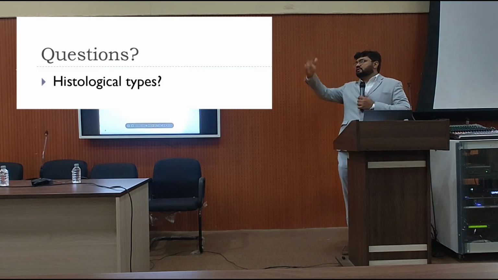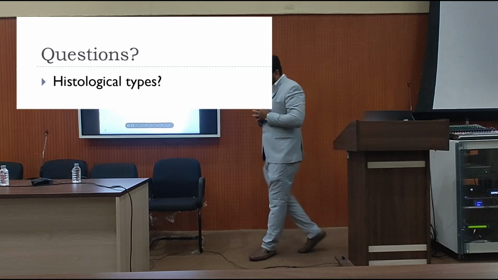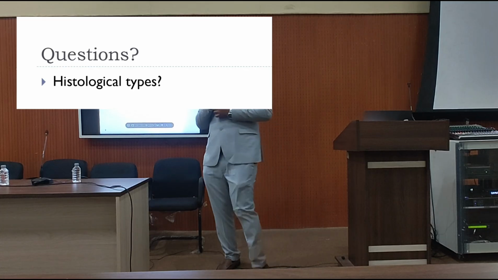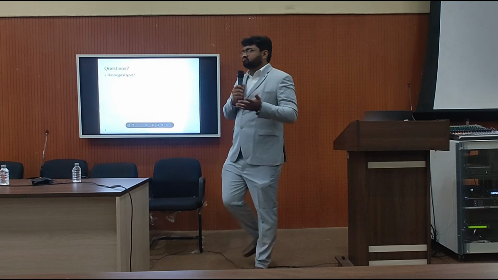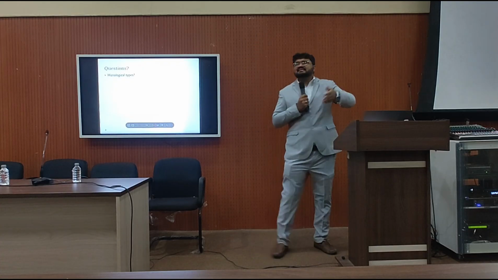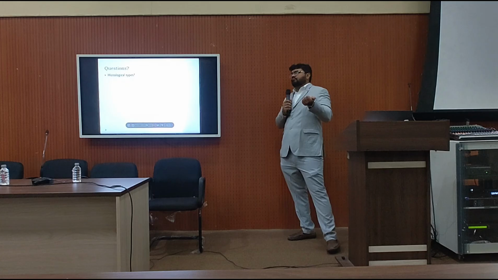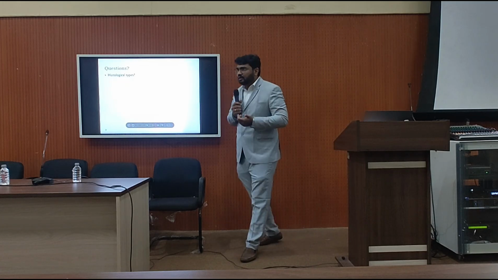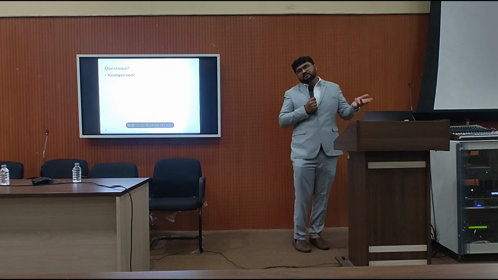Questions, easy questions. Histological types, last row. What are the histological types of carcinoma breast? Whichever cells are there that can cause cancer, what are the cells which are present in the breast? Cells in the duct, the cells in the lobules and the intervening tissue, right? The cells of the duct can cause ductal carcinoma.